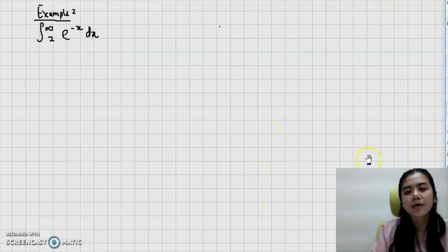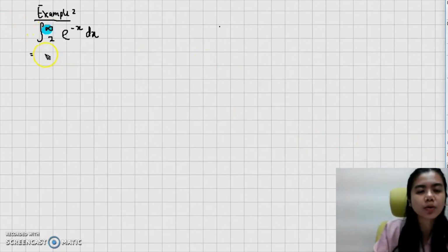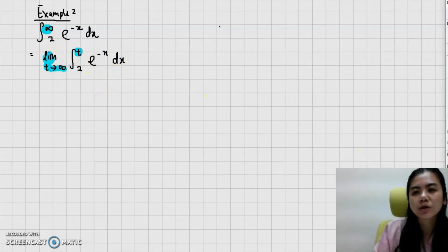Same thing: you see an infinity on the symbol of integration, so what you have to do is change this to t. We're going to put a limit, t approaching this infinity, and change this to t, and we put a limit in front of the symbol of integration.